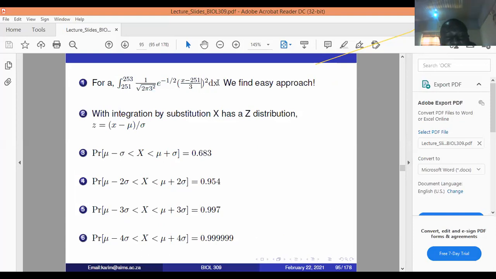You guys have done algebra in first year, right? No, sir. What do you mean by no, sir? I thought the first year's algebra included integration by substitution.